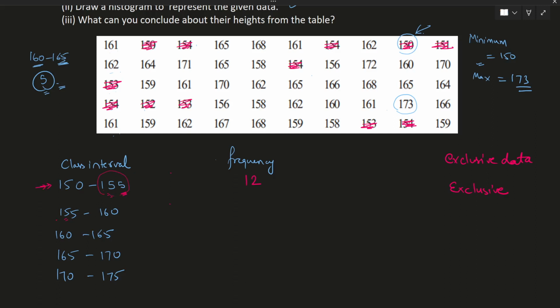Now let's take another class interval. I'll take a green color now for 155 to 160. I'll start counting from 155 till 159.